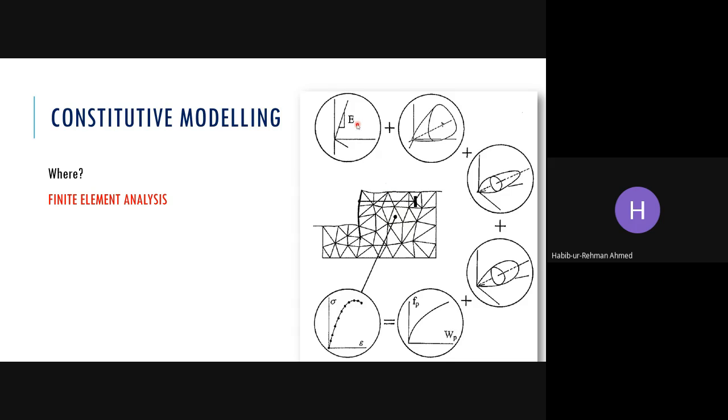Otherwise we have E, and we have just the final one, and we say, oh, we have run the finite element analysis. No, there are many criteria that are involved. One is the failure criteria, other is yield criteria, then elastoplastic hardening, then maybe softening, and finally combining it with the boundary conditions, you come up with the real behavior. So this is the concept which is there in case of finite element.